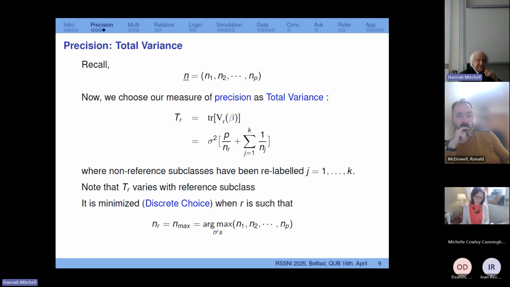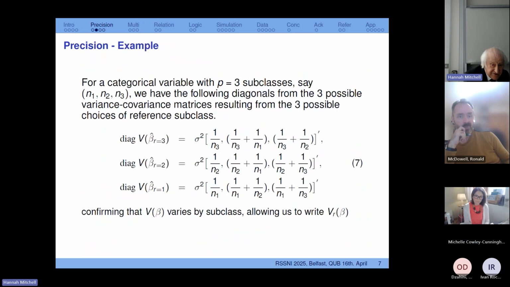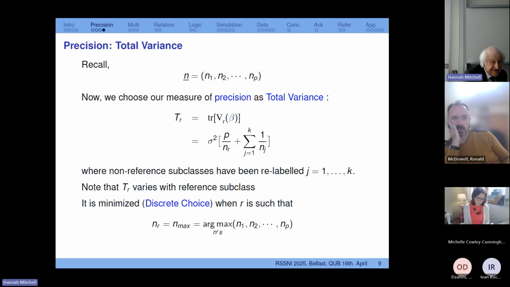So total variance will have that effect. If we go back and look, there are the diagonals; we just add those elements up to get the trace. And then you can see clearly that they'll be minimized when you pick the largest subclass. And that's what we've said: pick the subclass with the largest number of observations in it. That will minimize the total variance.